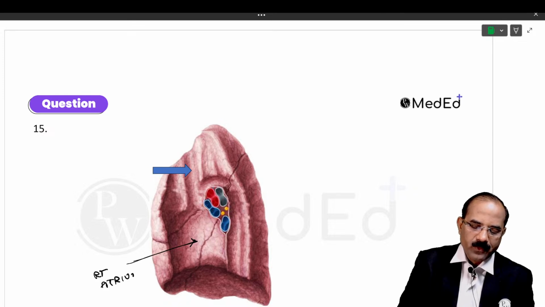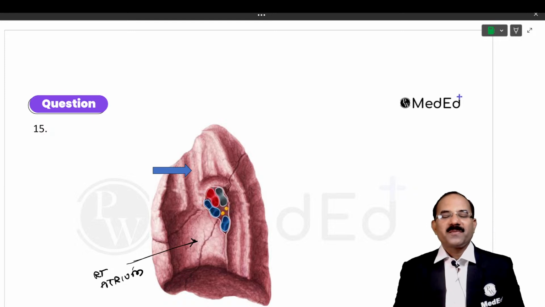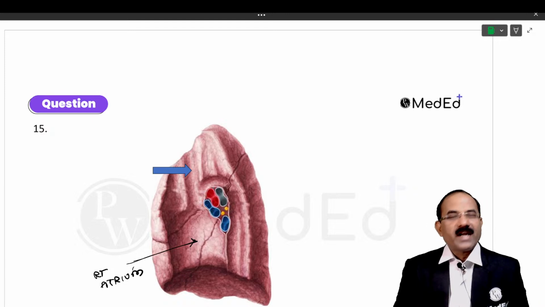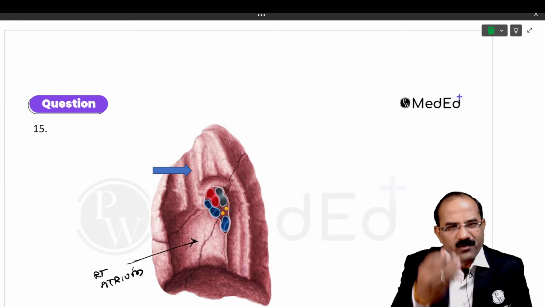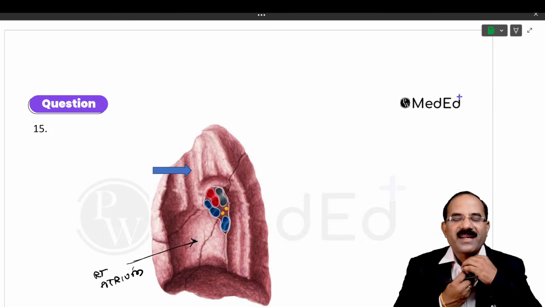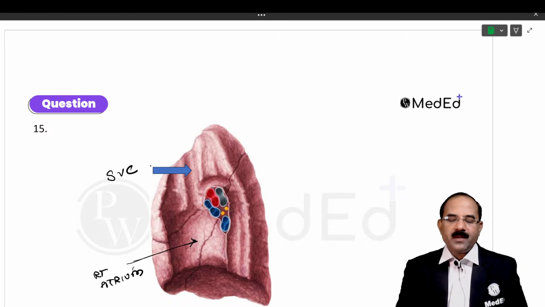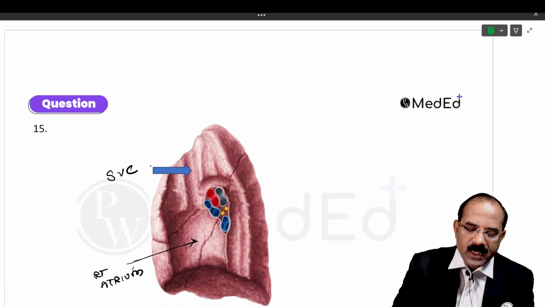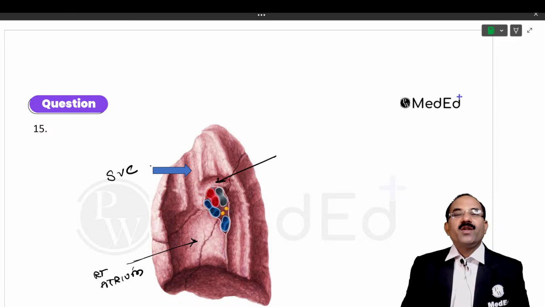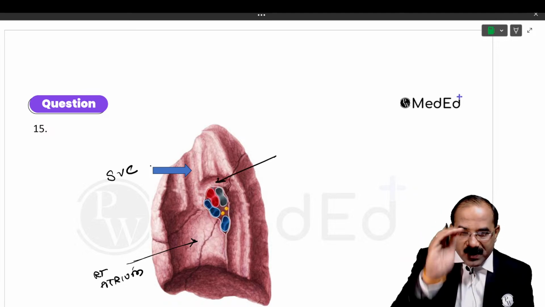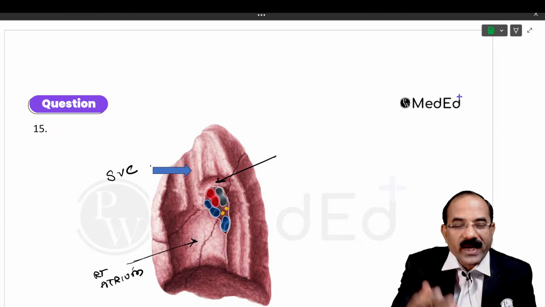अभी बोलिए. Now you answer this. What is that impression for? That big vein, bacha. That is the big vein which opens into the right atrium. That's the impression for SVC. ये SVC का impression है. अगर ये SVC का impression है, what is this impression for? What is that structure which arches over the hilum of the right lung?